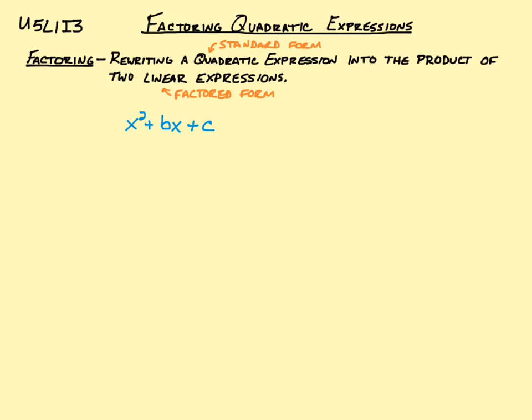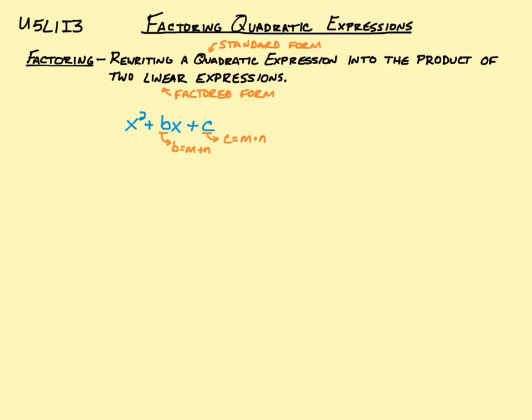And when we looked at expanding to get into standard form, we saw that we had a relationship between b and c. C was the product of two numbers, so two numbers multiplied together, and B was the sum of those same two numbers.